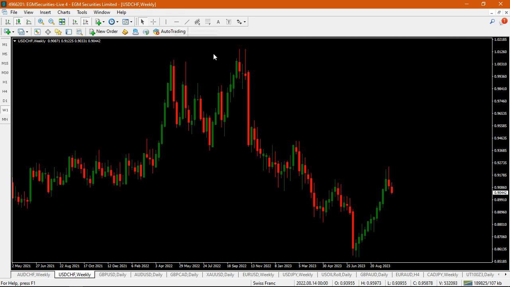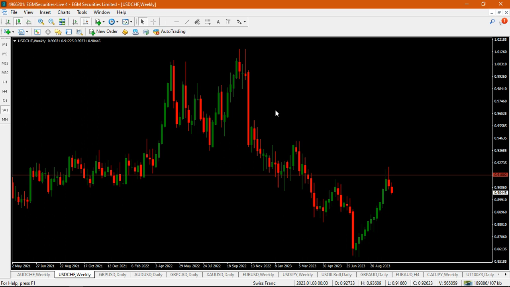So as you can see right there, like I told you, we are drawing these levels on the weekly chart, since this weekly chart summarizes all the news feeds that are coming in. You know, when you go to Forex Factory, there are always news releases being released every now and then.